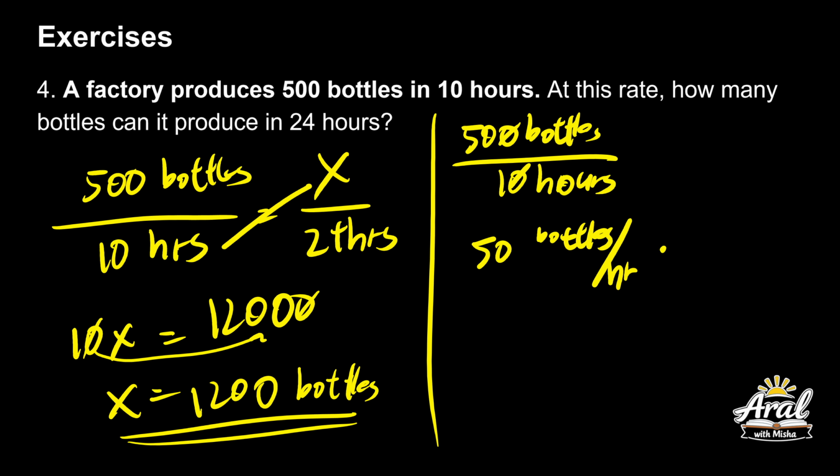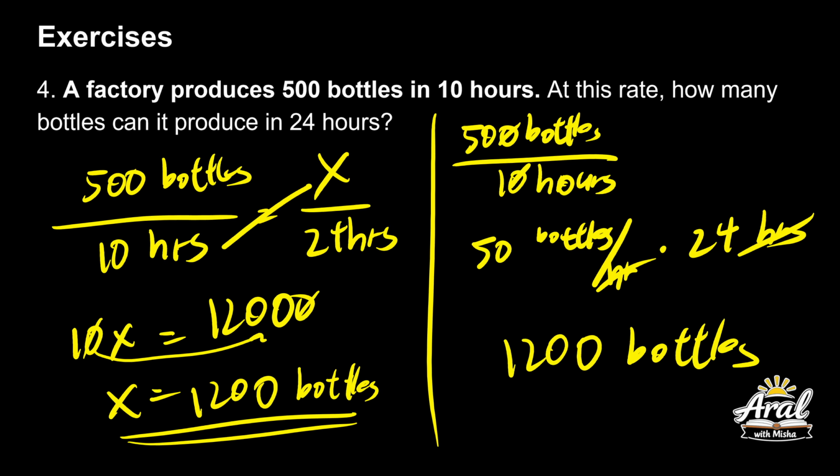Multiply that by how many bottles daw in 24 hours? So, times 24 lang. 24 hours. Cancel yung hours. So, ang labas dyan is 24 times 50, ha? 24 times 50. That's 1,200. 1,200 bottles. So, same.